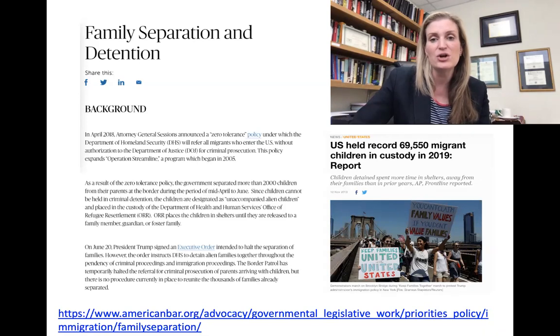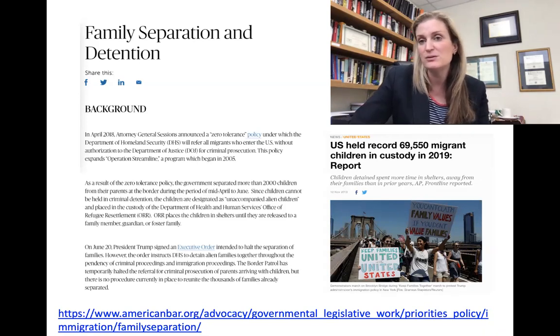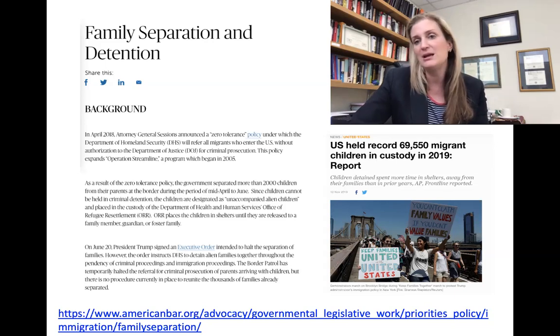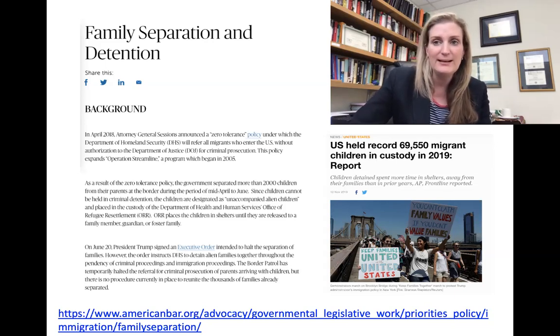Jeff Sessions is on the record saying that this is a deterrence policy, that separating children from their parents is meant to de-incentivize people from coming to this country illegally.